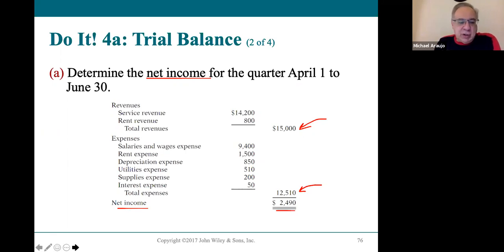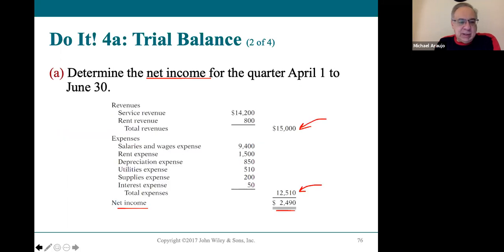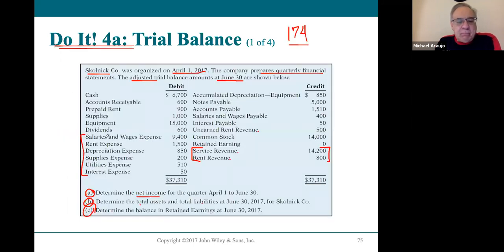The next thing they want you to do is to put together assets and liabilities. So let's go back to our list. What are the total assets? Well, all your asset accounts except accumulated depreciation have a debit balance. So cash all the way down to equipment, these are your asset accounts.